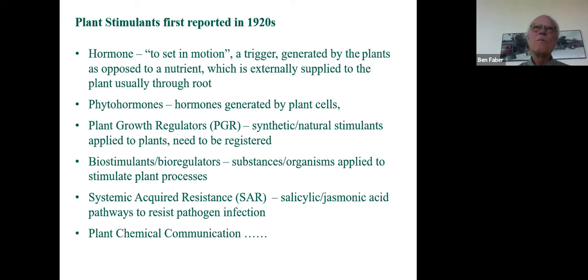These are actually hormones that are generated by plants that can signal to insects and other plants about pests or attract beneficials. This is getting to be a really interesting area of hormone investigation, but that's way beyond the discussion in this seminar.